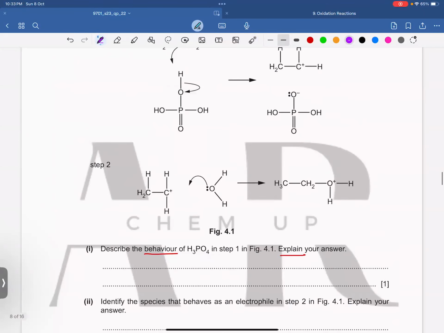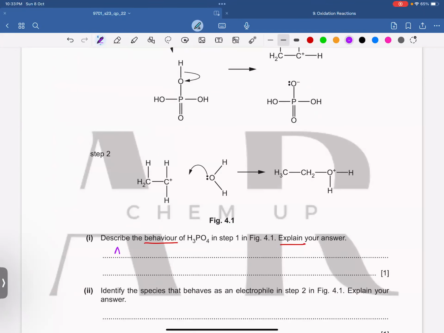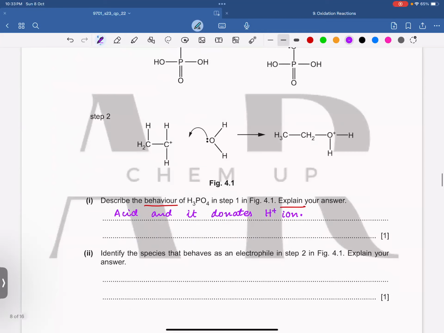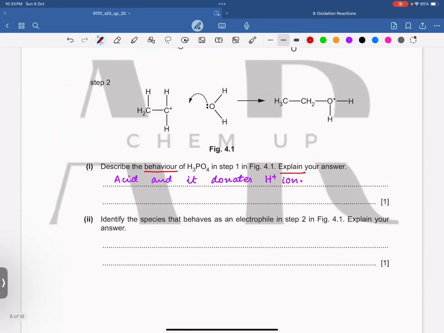Acids. Acids, very good. So we will write acid, and we will explain it by writing that it donates H positive ion. Is this clear? Yes, sir.